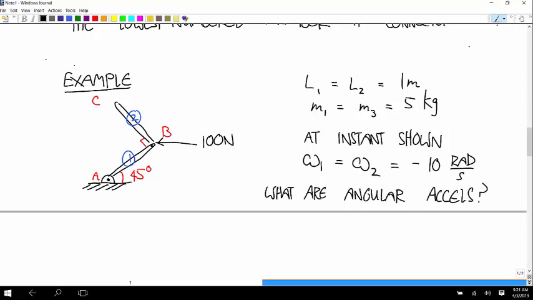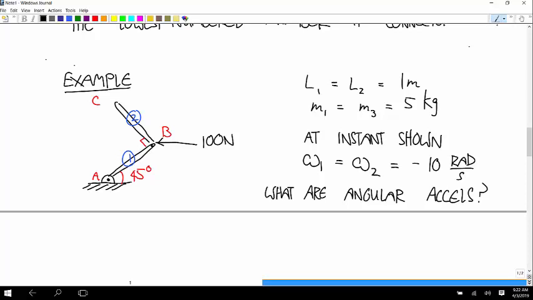So if these are both rotating clockwise, it means that up until this instant, loads had been applied that made them both rotate clockwise. And then right at this instant, maybe this load got switched out for this one.